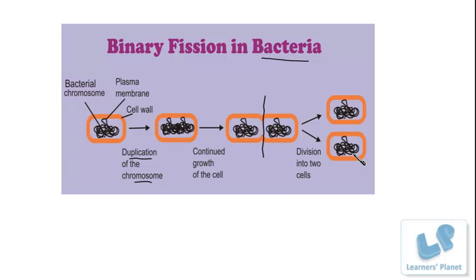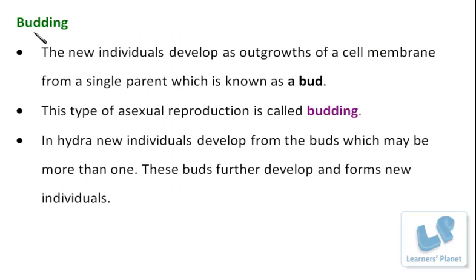Further, another type of asexual reproduction, which is commonly shown by lower multicellular organisms, is budding. So now let me explain this process in brief to you. Budding is the process which is shown by multicellular organisms.